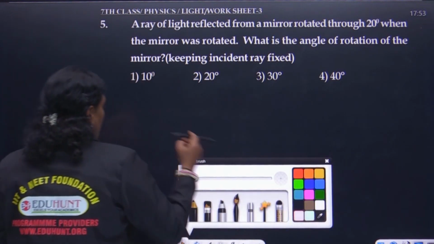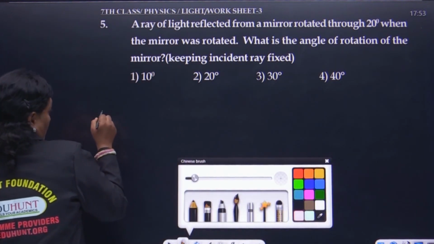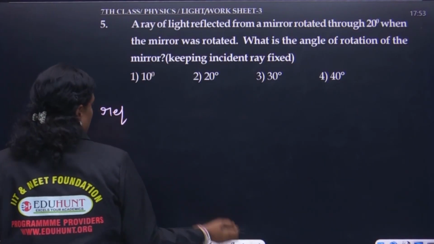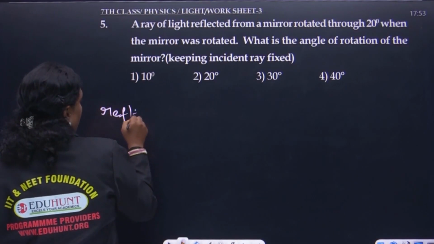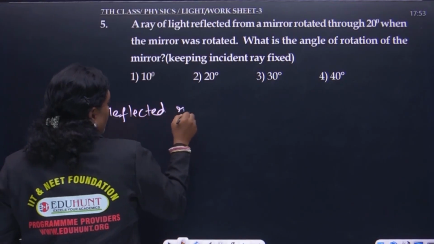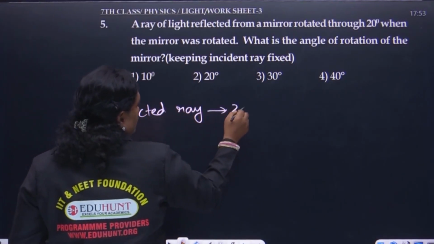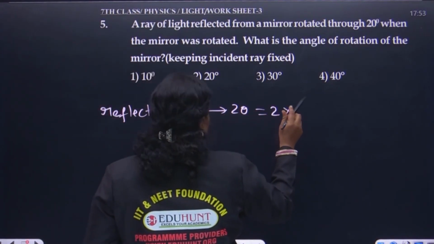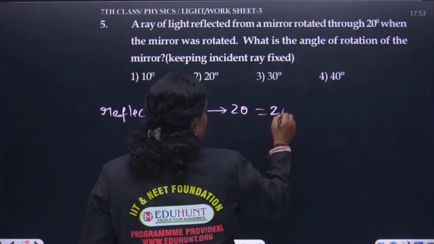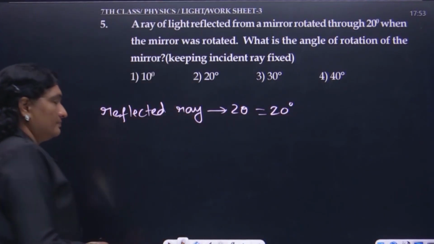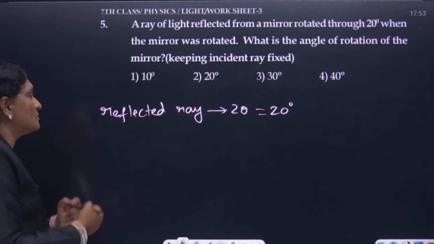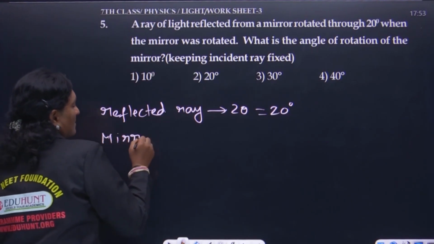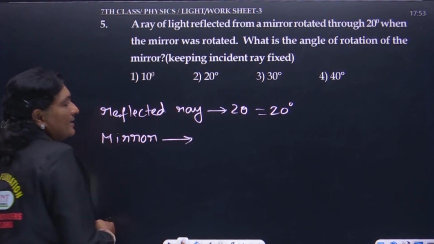So the given condition is that the reflected ray is rotated by 2 theta, and 2 theta is given as 20 degrees. Then by how much is the mirror being rotated?